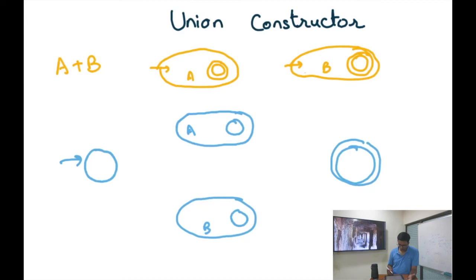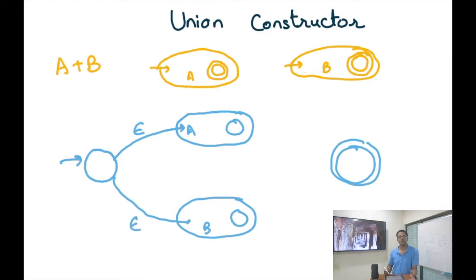Okay, so now if we want to have an NFA that accepts strings that would have been accepted by either A or B, well, we just connect this to the start state of A, and similarly the start state of B, through epsilon transitions.